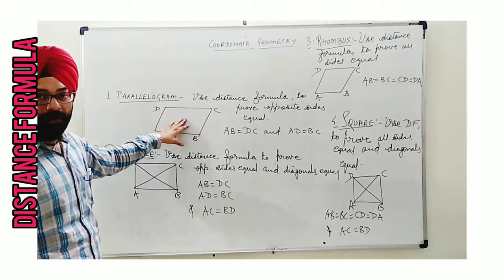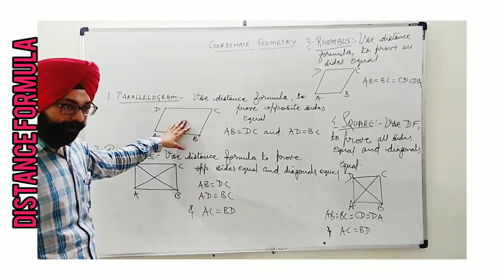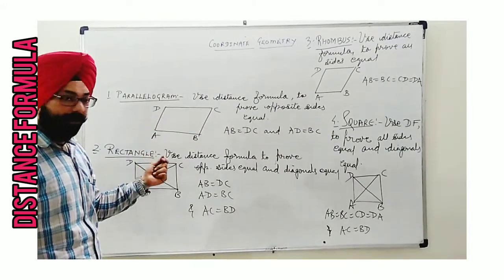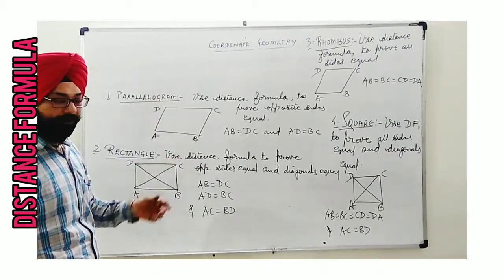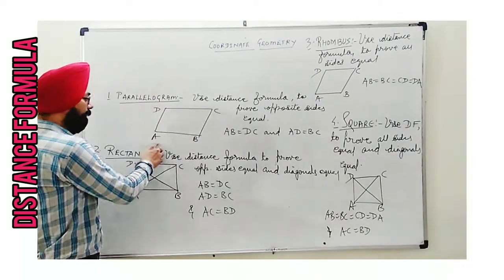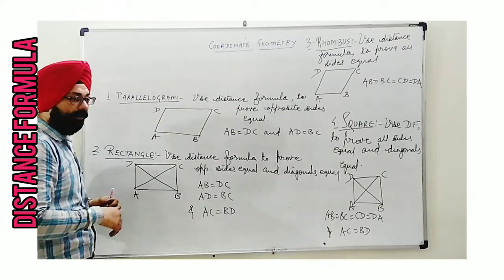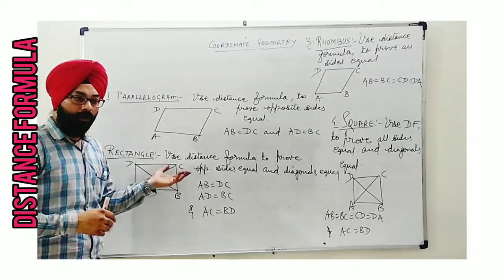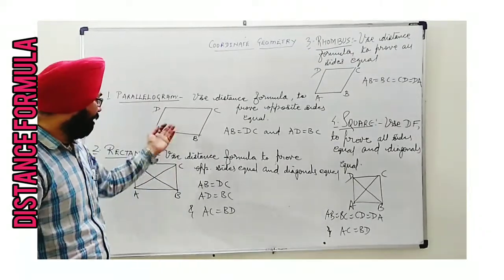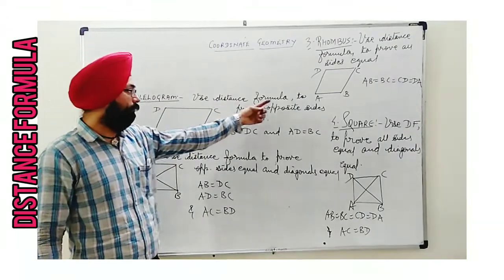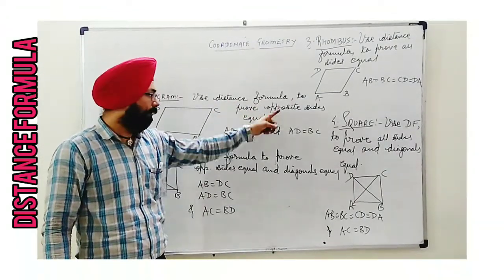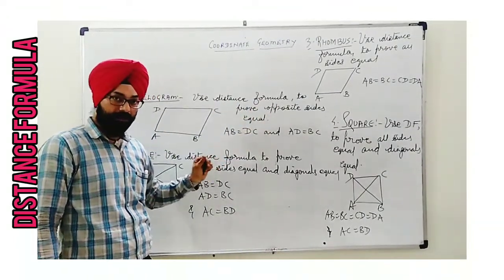Here, first we have to see parallelogram. As we know, a parallelogram has different properties. The main property is opposite sides are equal. So whenever you are given four vertices A, B, C, D, their coordinates are given, and we need to prove this is a parallelogram, then we have to use distance formula to prove only one thing: opposite sides are equal.